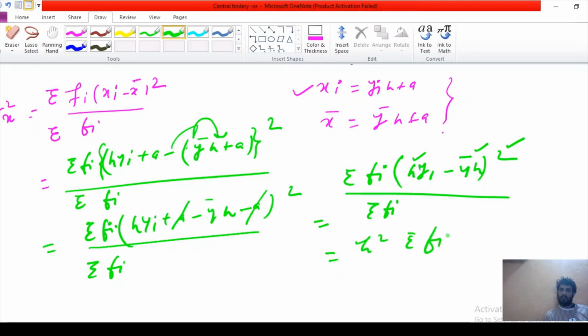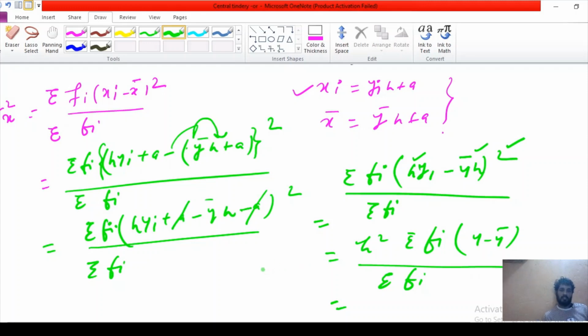So now the question is, what is the relation between the variance in terms of xi and yi?